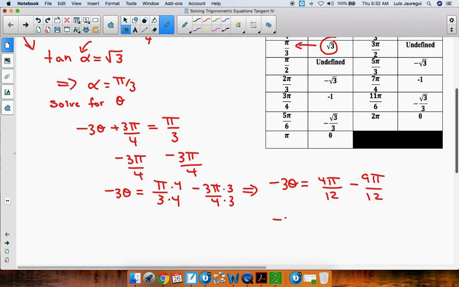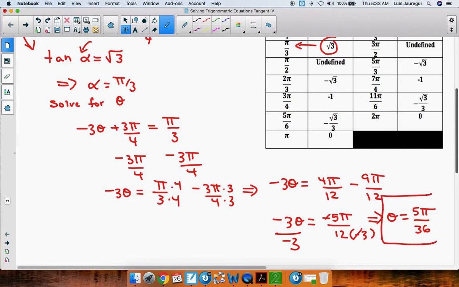So we get negative 3 theta is equal to 4 minus 9, which gives you negative 5, multiplied by pi all over 12. Now, to get theta by itself, let's go ahead and divide by negative 3 on both sides. The negatives cancel, and we get here that theta is equal to 5 pi over 36. So that's your first angle here.